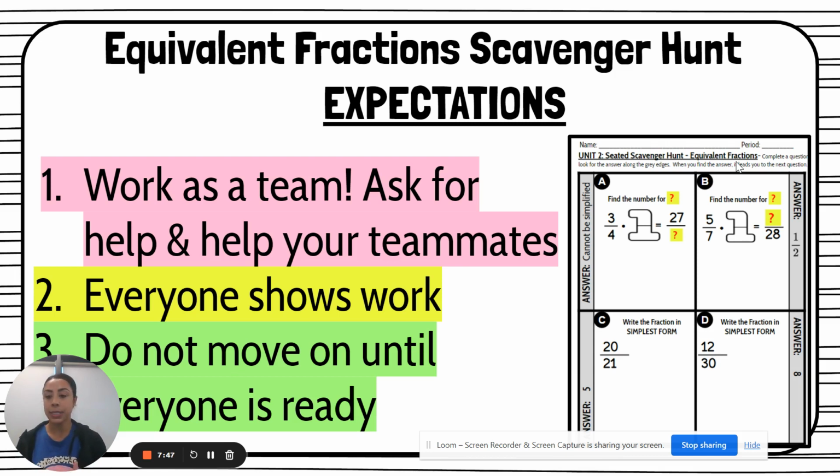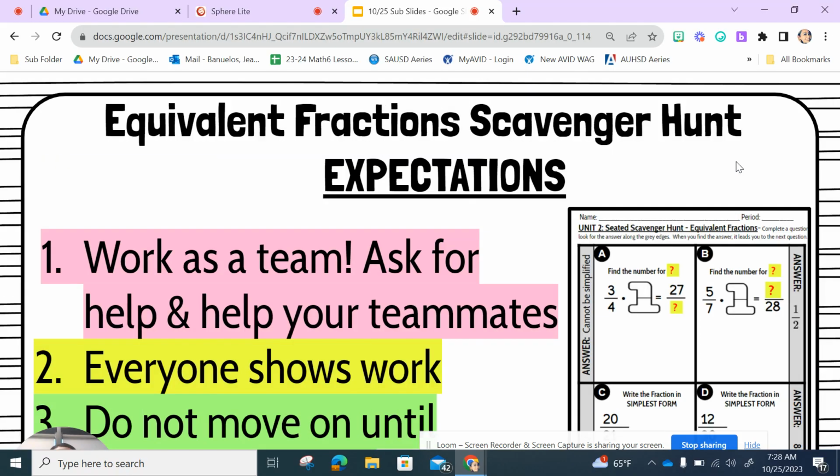These are the expectations, which are on the slide and can be paused to make sure you take note of them throughout the period. You are expected to work as a team, ask for help, and help your teammates. Everyone shows their work, and do not move on to the next problem until everyone is ready. And of course, use your notebook for support.